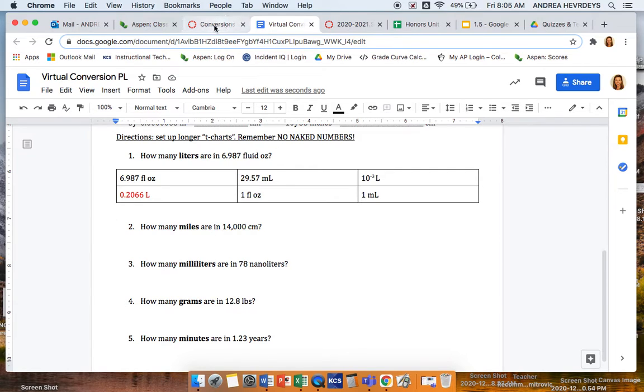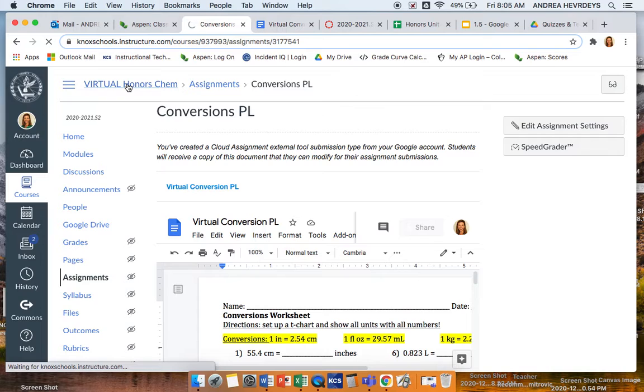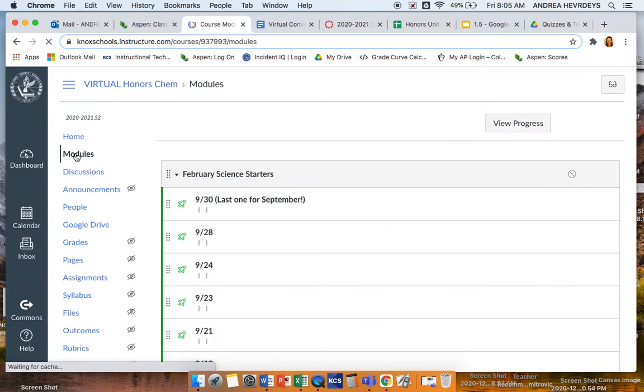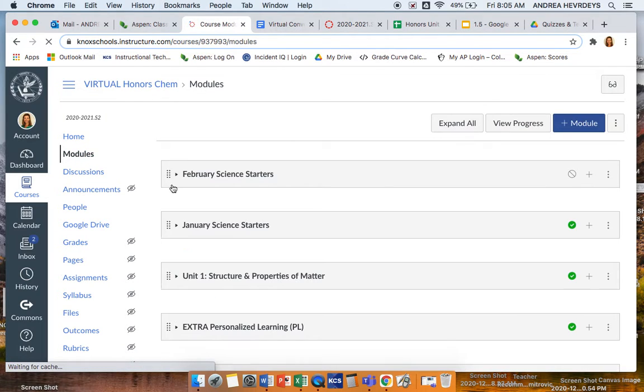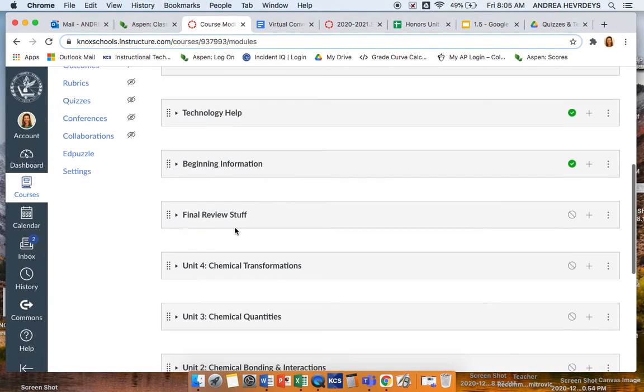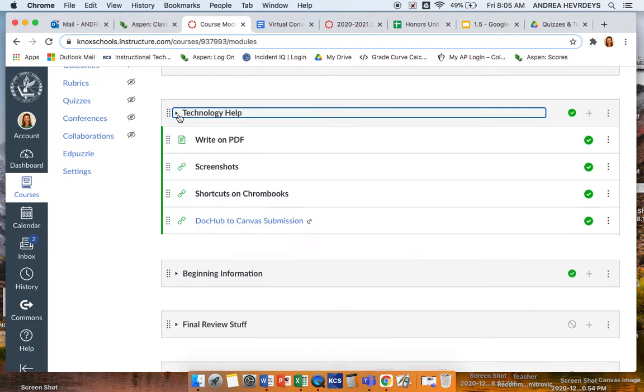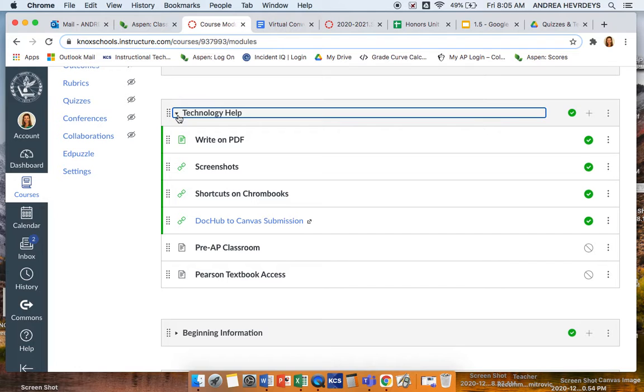Now, if you can't find your yellow sheet, or you have still decided that you can't come pick up any paperwork, if you go to the home page and you just click on modules, okay, we're going to scroll down to technology help. I think that's where I put it.